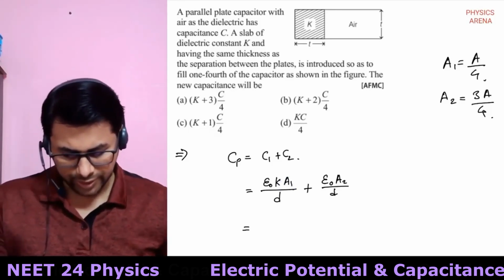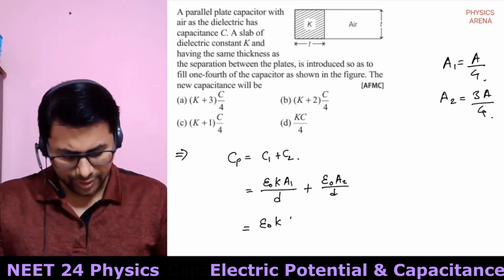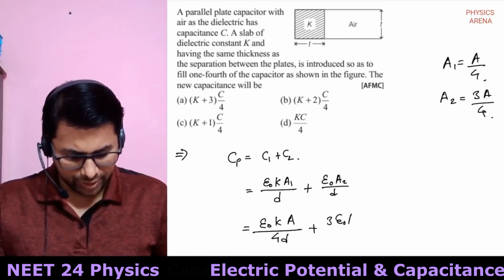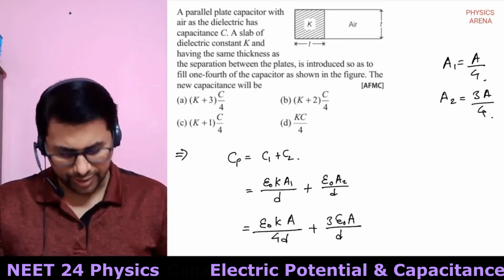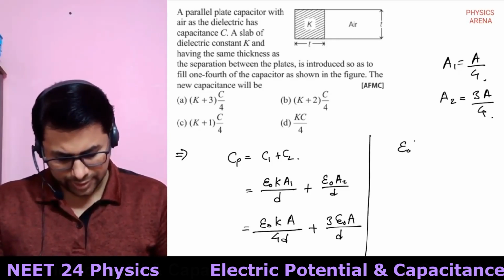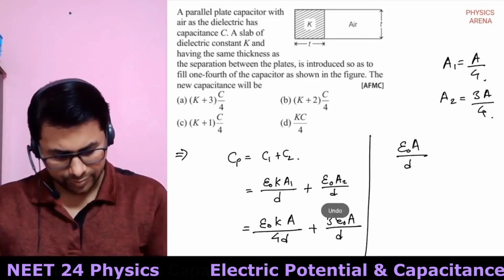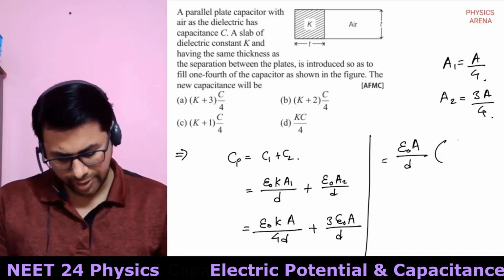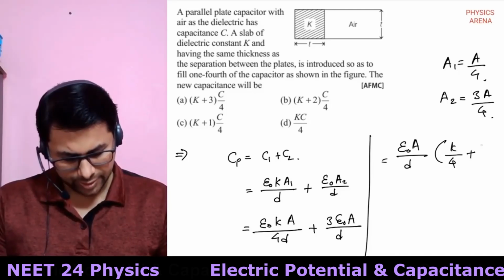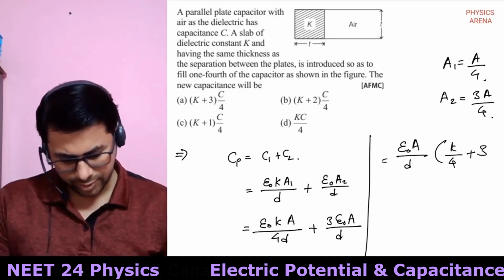So you will get epsilon naught multiplied by K A by 4 plus 3 times epsilon naught A divided by D. Epsilon naught A by D we can take common, and there will be K by 4 plus 3, right?